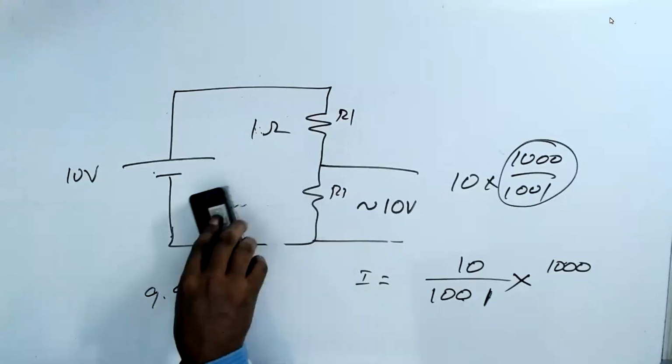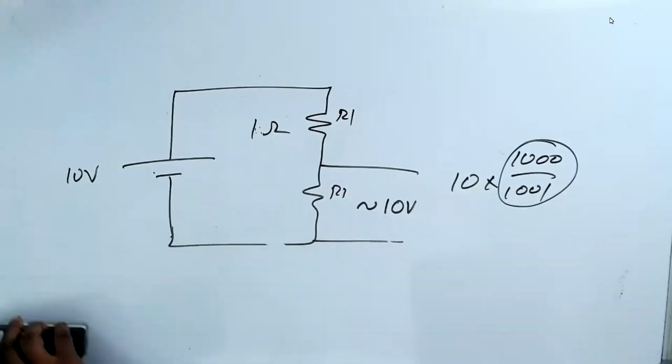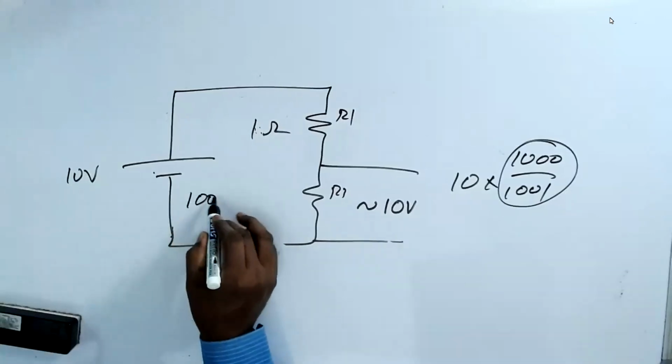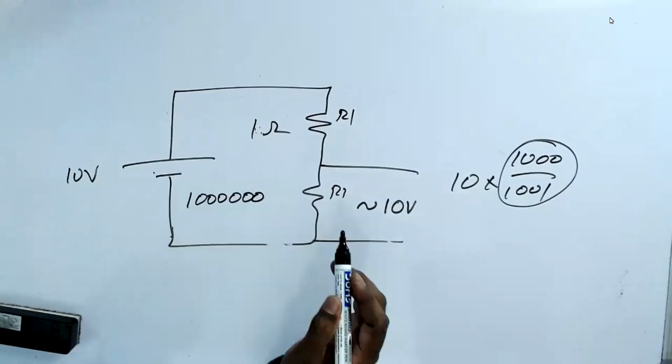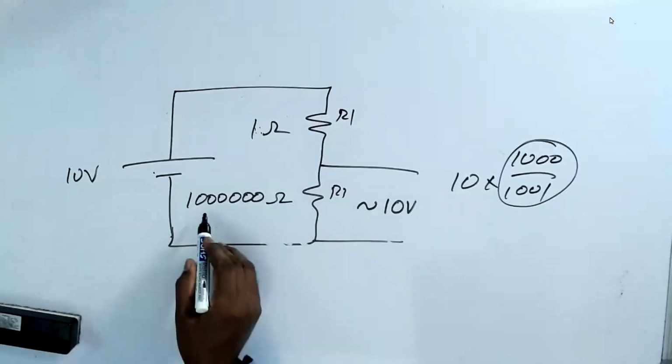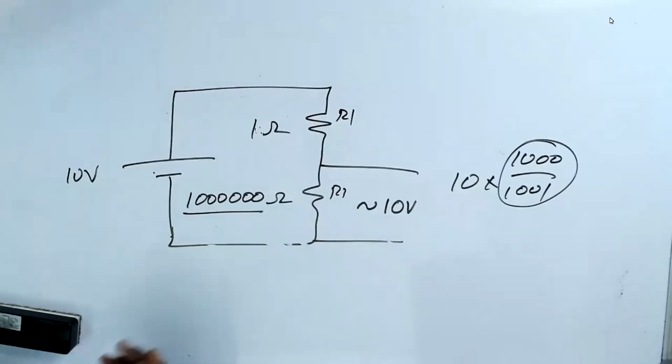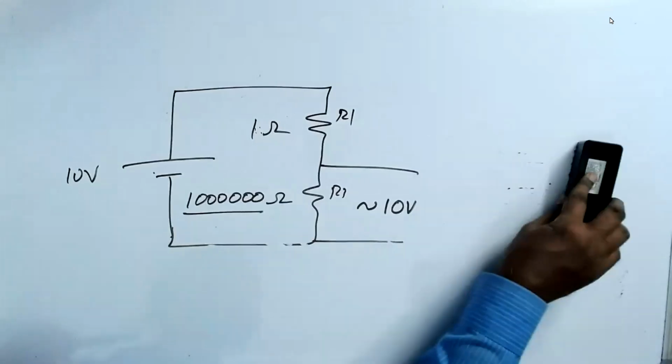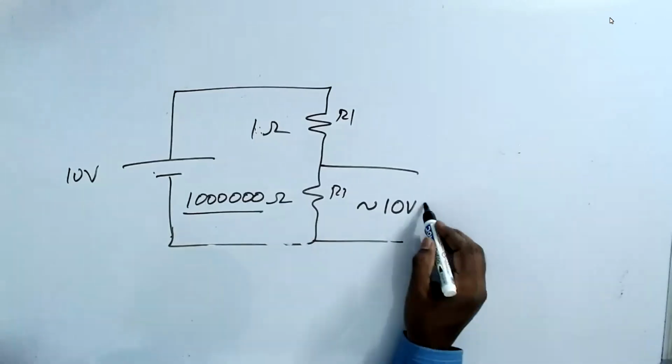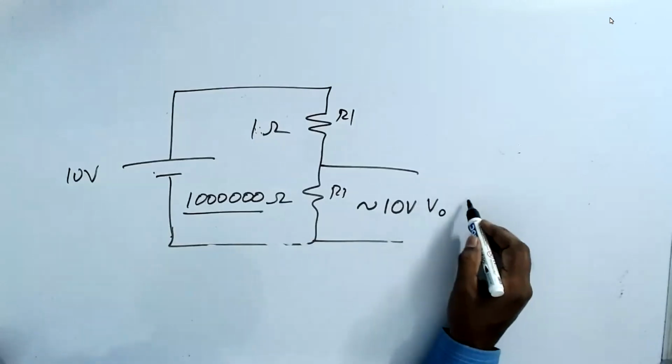If you make this one 1 million ohm, 10 lakhs ohm, then what is the voltage? Then it is V2.